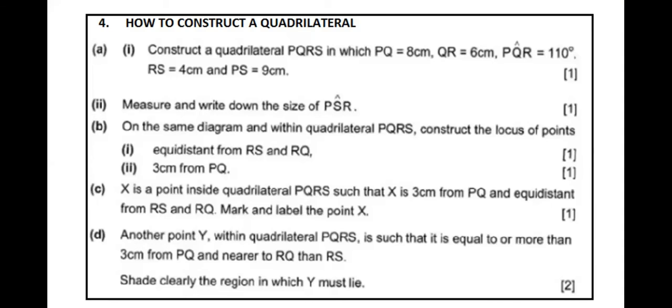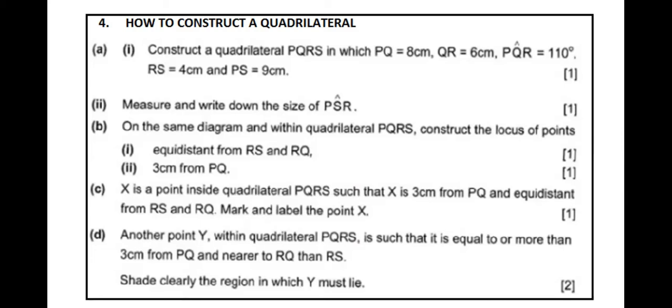Question 4, I want to teach you how to construct a quadrilateral. The question reads, construct a quadrilateral PQRS in which PQ is equal to 8 centimeters, QR is equal to 6 centimeters, angle PQR is equal to 110 degrees, RS is equal to 4 centimeters, and PS is equal to 9 centimeters. A, measure and write down the size of angle PSR.